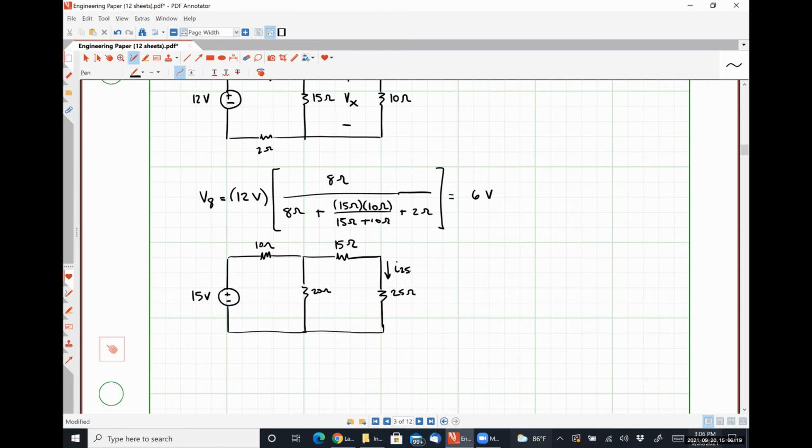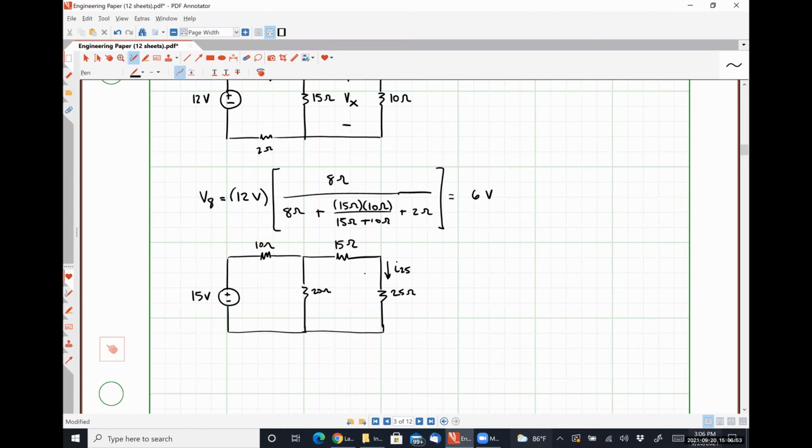So there's a couple of different ways that we could approach this. This one is fairly simple. We could brute force it by writing several Kirchhoff's voltage law and Kirchhoff's current law equations and just figuring things out. Or we could do multiple applications of voltage division to figure out what the voltage drop over that 25 ohm resistor is, right?